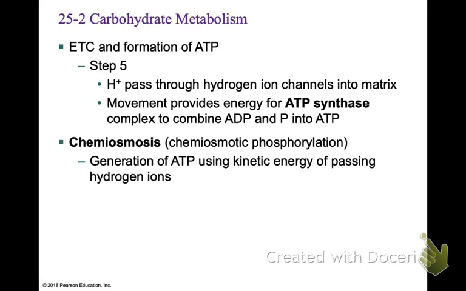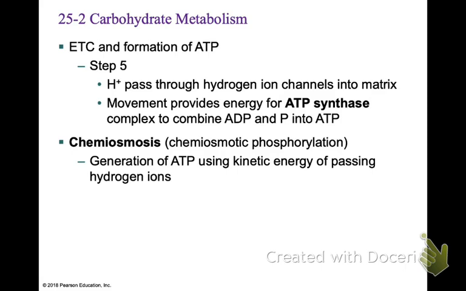Okay? So why do we do all this? Why are we doing all this pumping of hydrogen? Well, what we're doing with all those hydrogens is we're collecting them and storing them in the intermembrane space. So we have a really high concentration of hydrogen in that little tiny intermembrane space. And there we're going to park our most important part, which is an enzyme called ATP synthase.